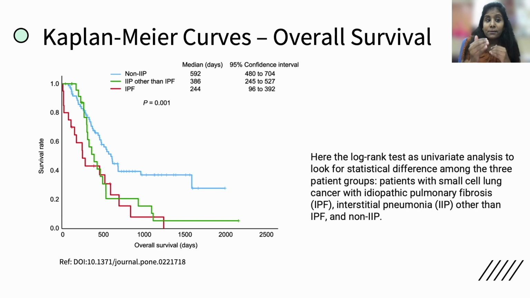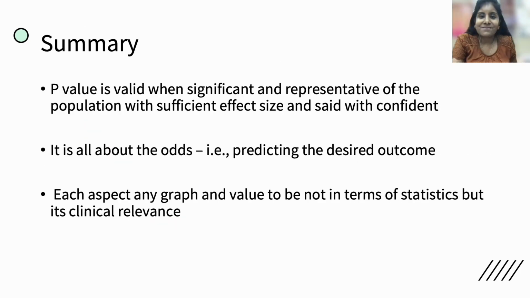It means the p-value you're seeing is trying to show that the blue line has statistically significantly better survival than the ones in red and green. And that is basically what this result is trying to show. And this is how you interpret overall survival curves.